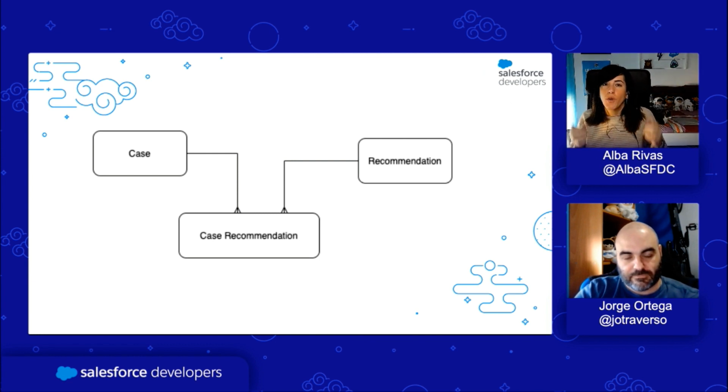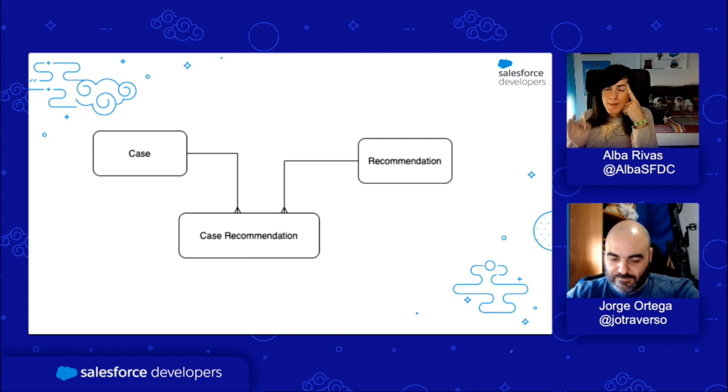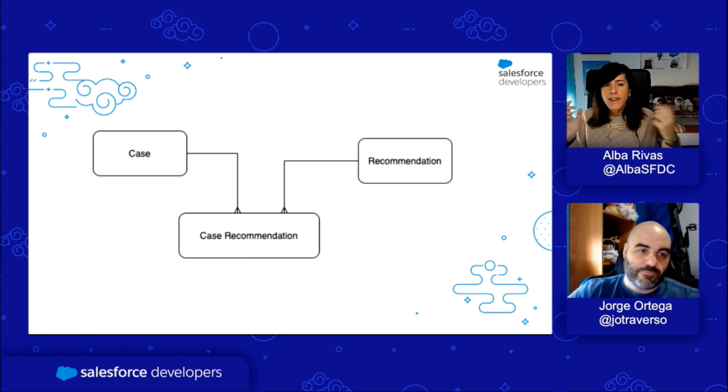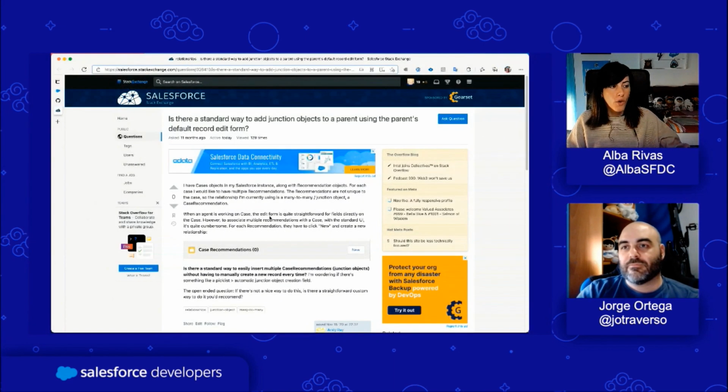And by the way, if you are studying for the Platform Developer 1 certification, remember to study this concept very well because there are a bunch of questions about it. And with that, I'm going to share the control with Jorge because Jorge is going to continue explaining how to give a solution for this question.